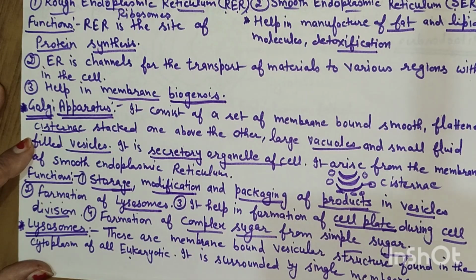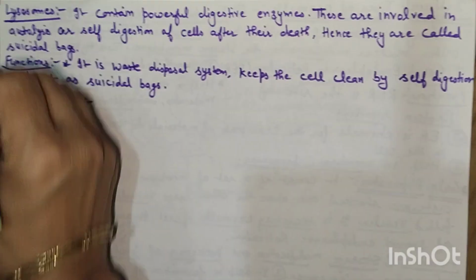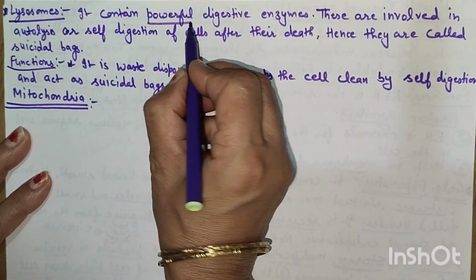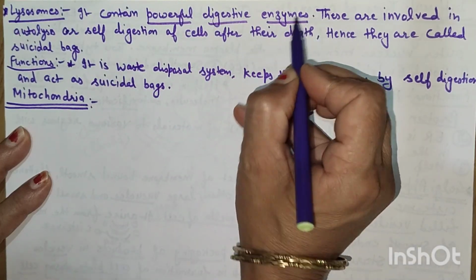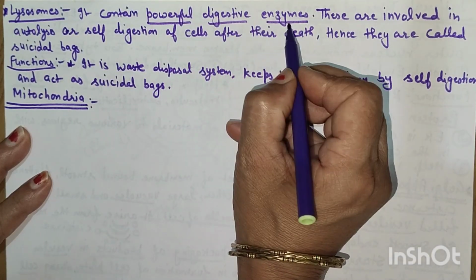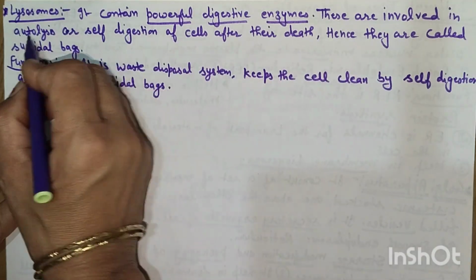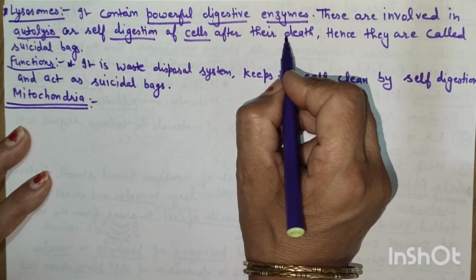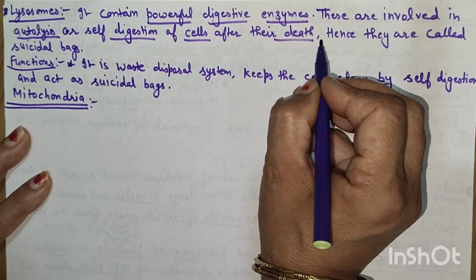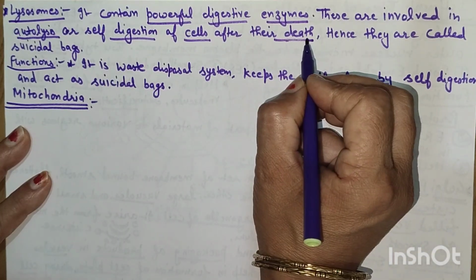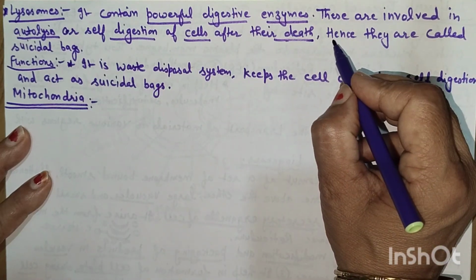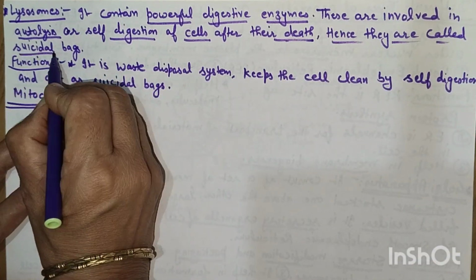Lysosome contains powerful digestive enzymes and is involved in the autolysis or self-digestion of the cell after its death. If a cell dies in the body, it can digest its own cell. Hence, they are called the suicidal bag.